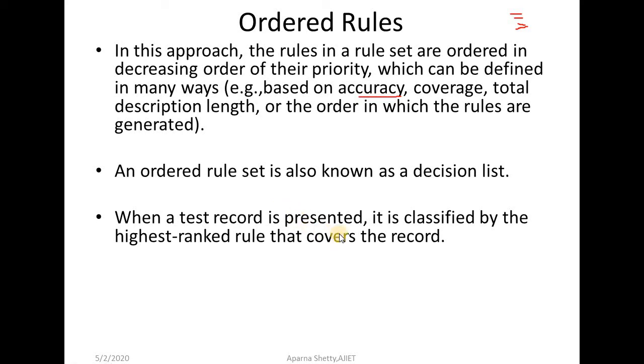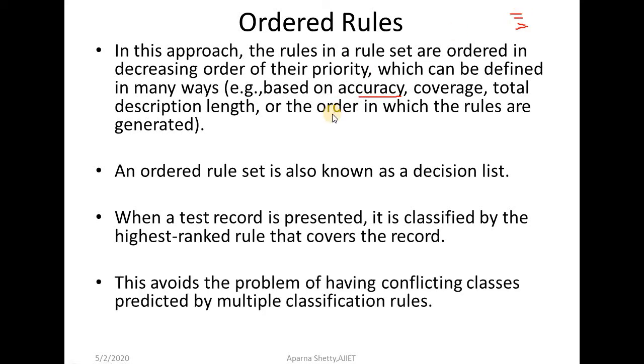So the highest ranked rule will be triggered. This avoids the problem of having conflicting classes predicted by multiple rules. Since we have arranged the rules according to some priority, when a record appears, that record will be triggered by the highest priority rule. In that way we can avoid the conflicting classes.